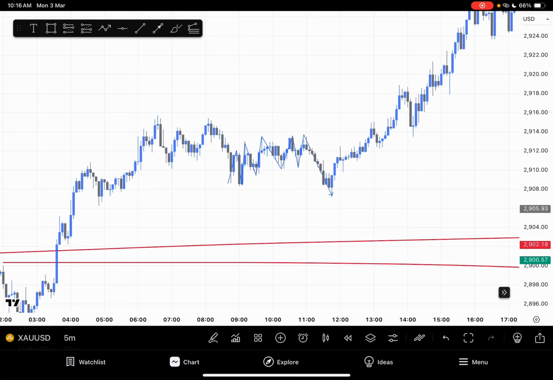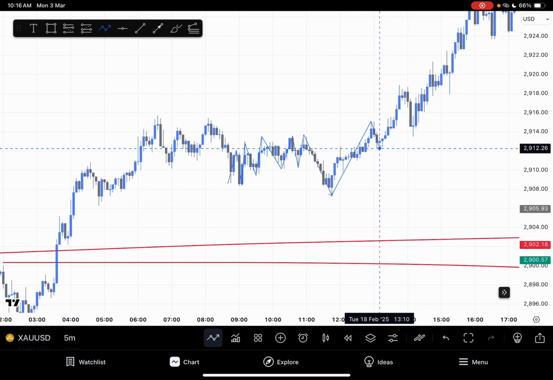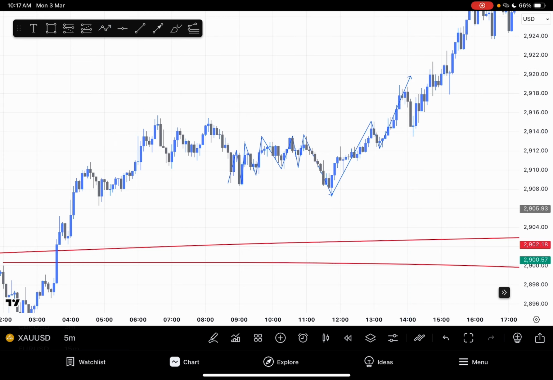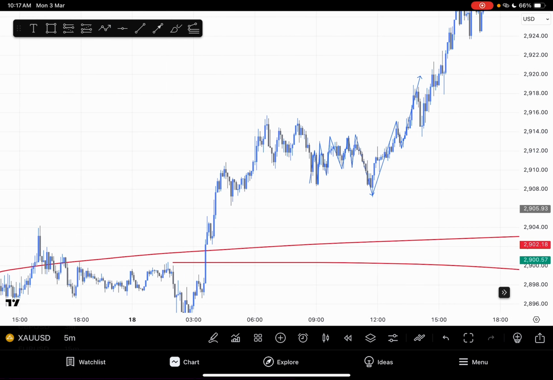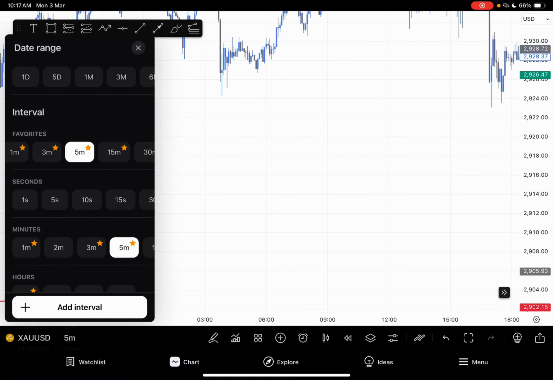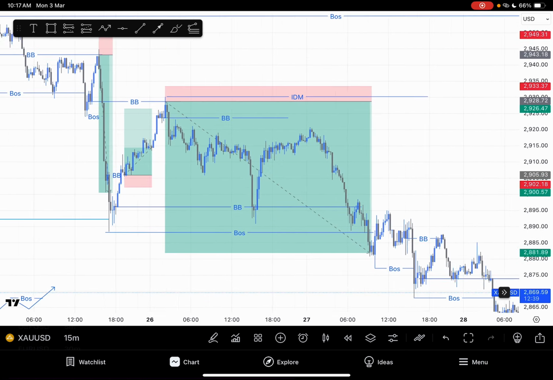So after the manipulation, you see price now push to the upside, retest, then continue that particular trend, taking out buy side liquidity. So you can also use this pattern for your trades too. So let's move on to the other part of today's teaching.